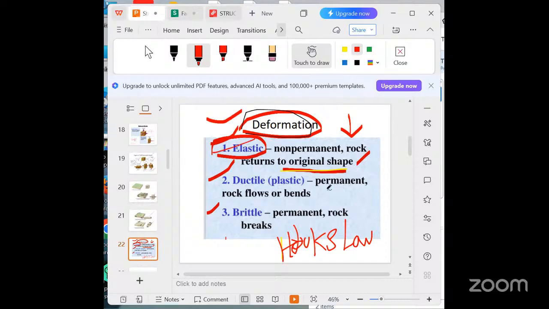Now, if the stress exceeds the elastic limit, the deformation is called plastic or ductile, right? The specimen only partially returns to its original shape, even if the stress is removed.